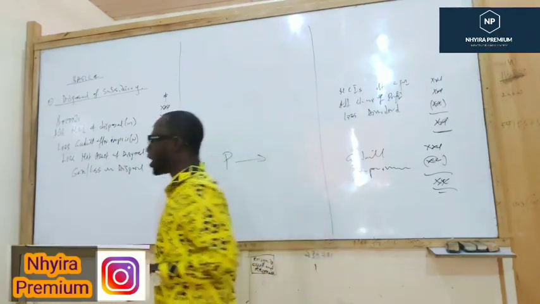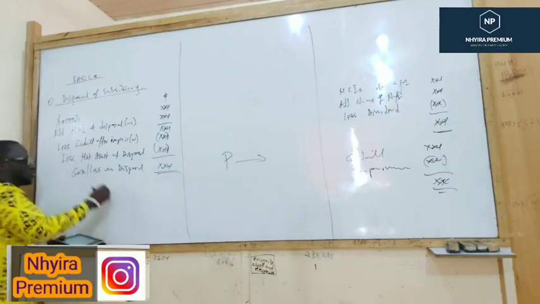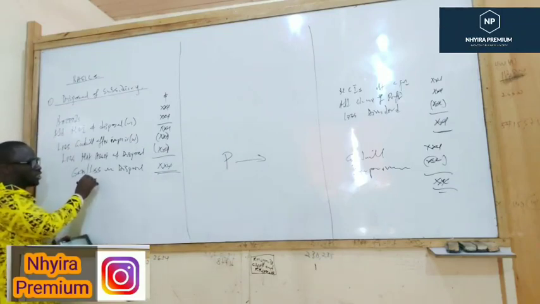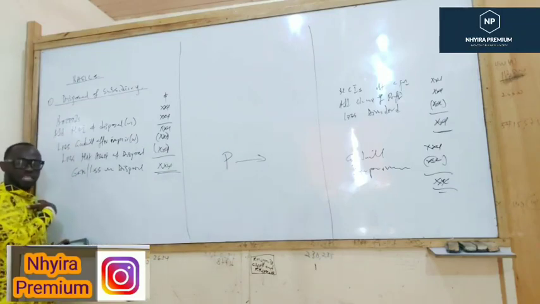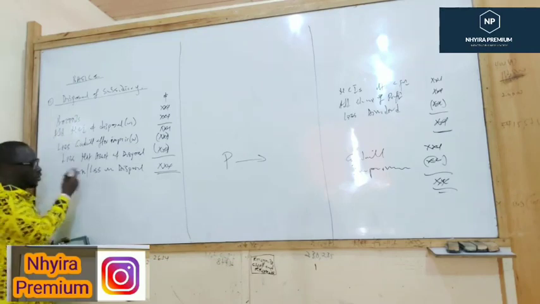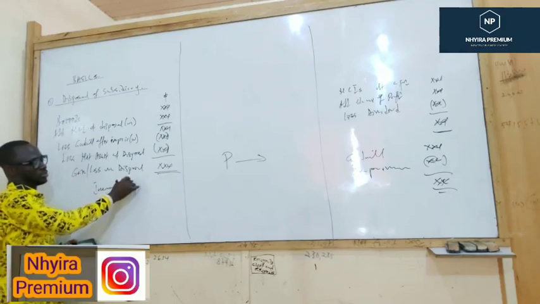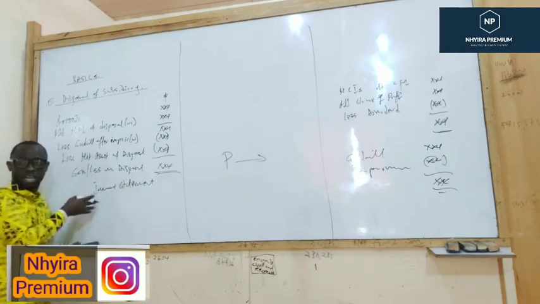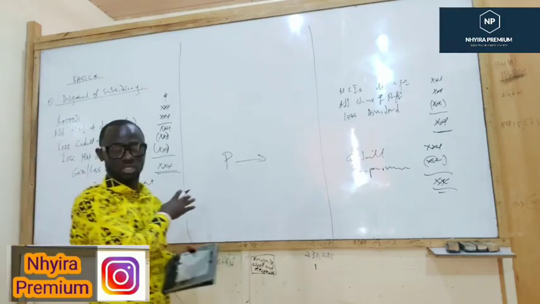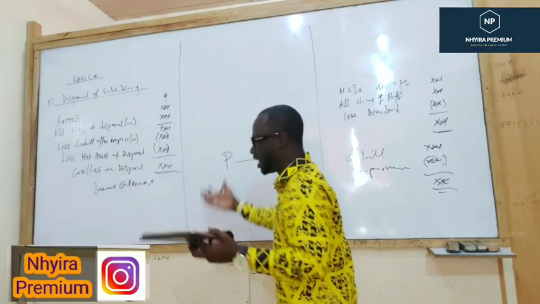Now, this gain or loss, where does it go? In the parent's books, isn't it? So it goes to the parent group under the income statement. I hope you are getting the idea. It goes to the parent group books in the income statement as a gain.